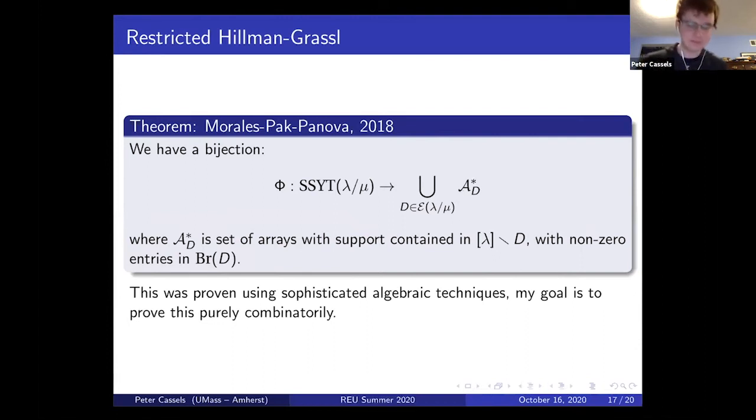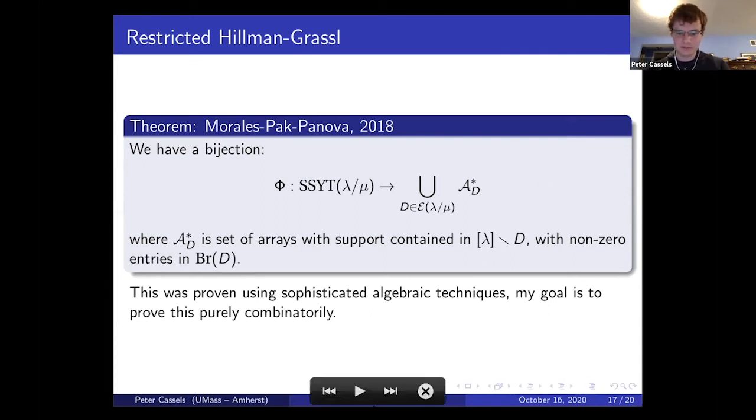So the image is exactly any array with support contained in the broken diagonals. Oh, sorry, I said that incorrectly. I want to make sure I'm saying this correctly. It's all the arrays that have non-zero entries in the broken diagonal, and then all of the possibilities.